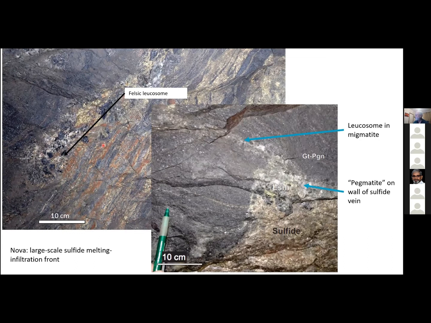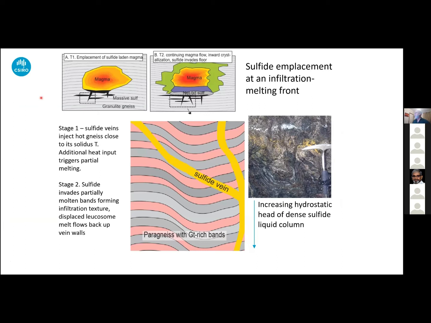These are beautiful examples underground, and you can see this process in place. So this is our garnet paragneiss. Here's a leucosome layer, and you can see it actually being squeezed out of the paragneiss and into the margin of the sulfide vein. So this is how we see it happening.